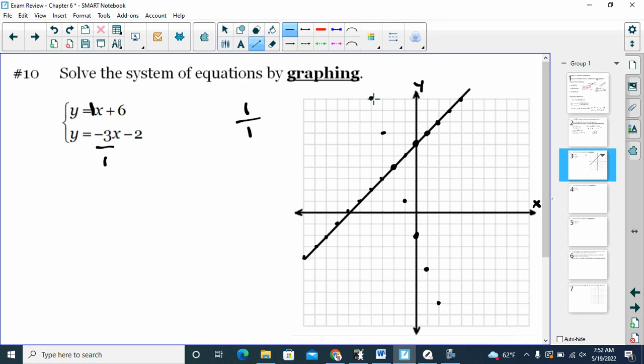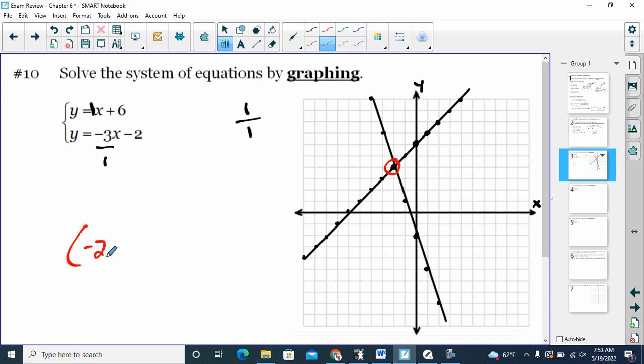We can graph that line in. And hopefully we can recognize that those two lines cross at this point right here. That is our solution. Make sure that we write out our solution. That is the point. -2 is my x. 1, 2, 3, 4 is my y. -2, 4.